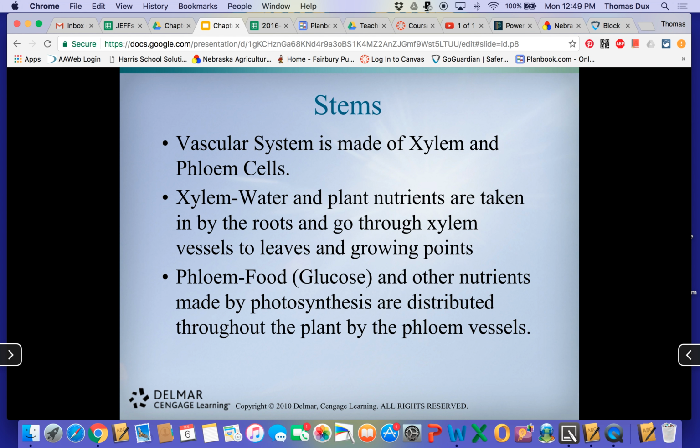Phloem is full of food. Xylem, water and plant nutrients. Phloem has the food, which is the glucose.